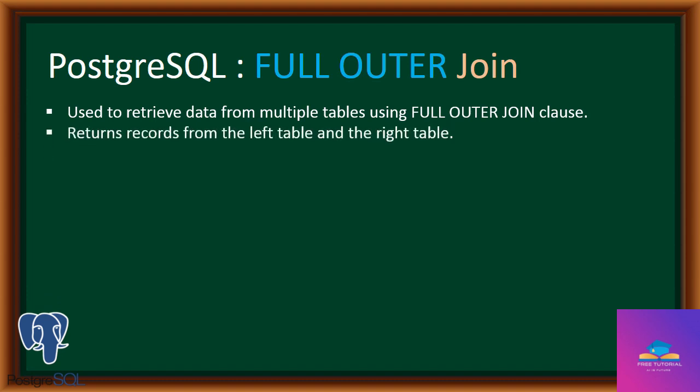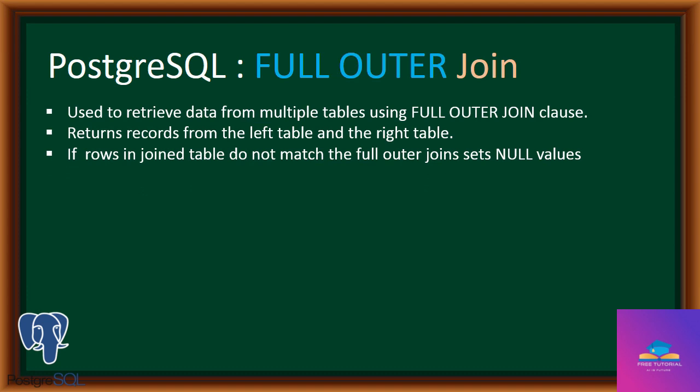However, if the rows in the joined tables do not match, the full outer join sets a null value for every column of the table that lacks a matching row.